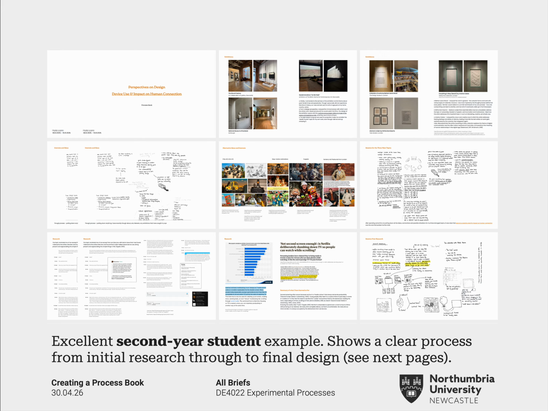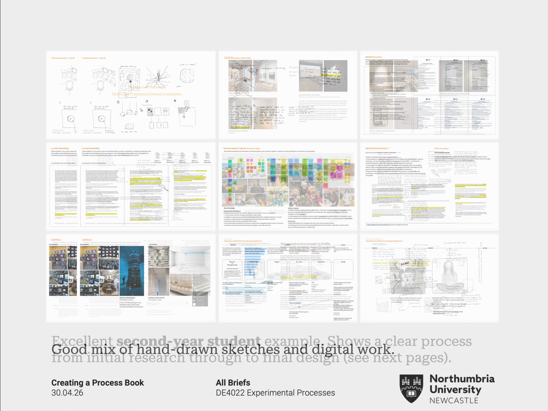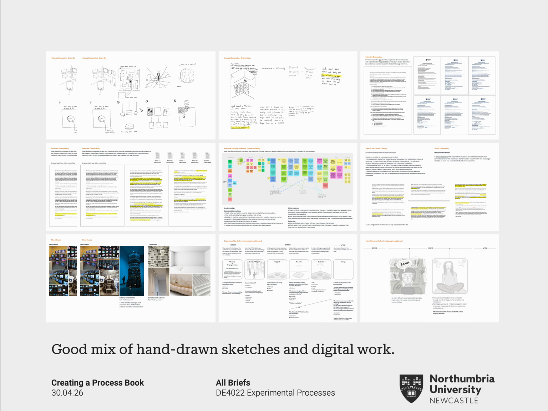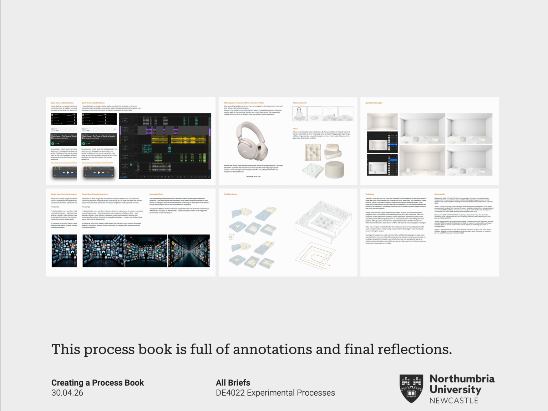It's just black and white, and all the images do the talking, and so it has a good mix of hand-drawn sketches and digital work. And as you can see throughout the pages that I've shown you, of which there are 24, each page is annotated with students' reflections as they progress through the project, and then a set of final reflections at the end.